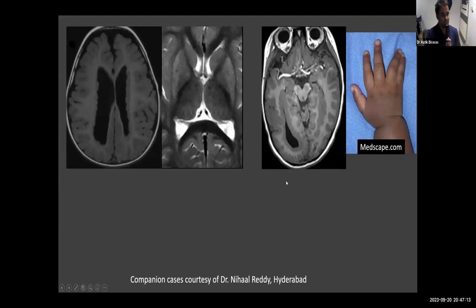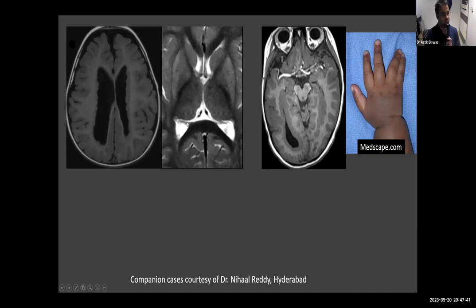These two cases are courtesy of Dr. Nihal from Hyderabad. So case one, we can see, again, similar to the previous case, nodular heterotopia. They are not as large, somewhat smaller in size, but the distribution is similar. This patient also had dystonia, and we can see that the basal ganglia are small in size, especially the putamen, and there is some high T2 signal there.